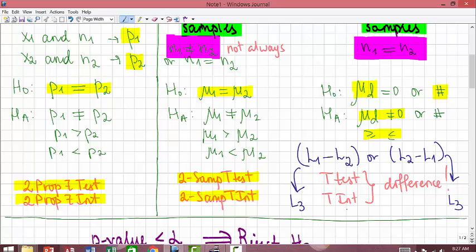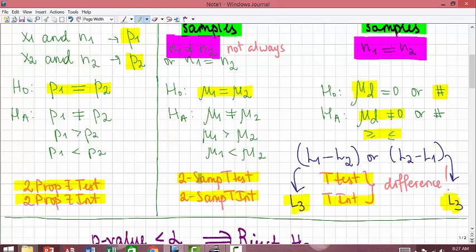Then the t-test and t-interval will be done on the difference in L3. That's the most common mistake that I see, forgetting that you're actually dealing with the difference, not with the two sets themselves. Over here, if you have independent samples, you don't need to find the difference by hand.